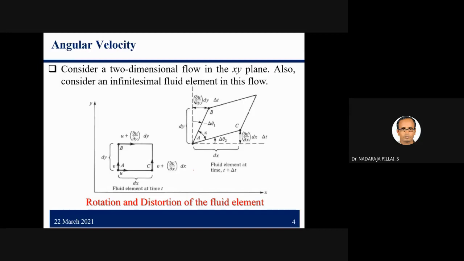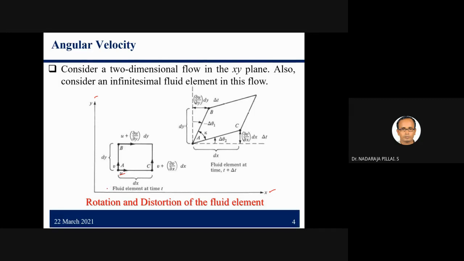So let us consider this two-dimensional flow. For simplicity, we consider the two-dimensional flow in the X and Y plane. Here we consider the infinitesimal fluid element, but a two-dimensional element.